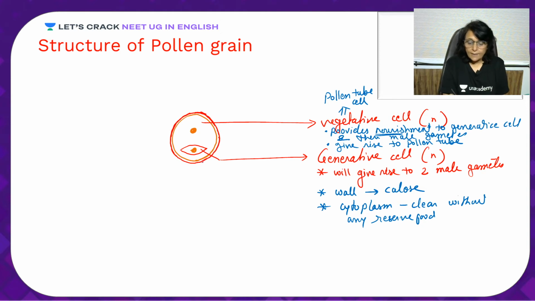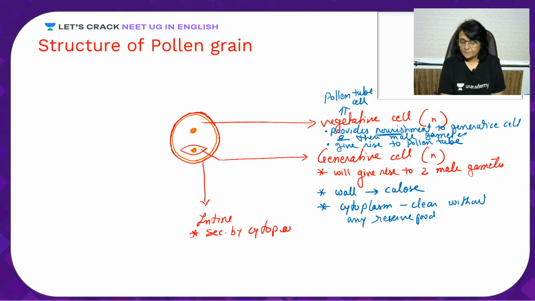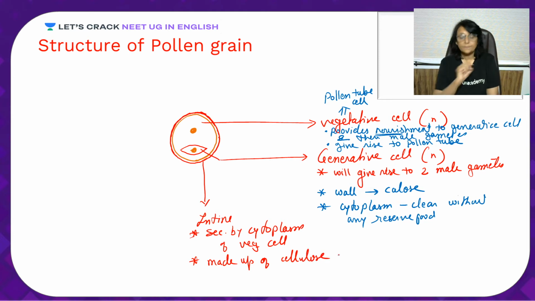And this layer is called intine, secreted by cytoplasm of the vegetative cell, and it is made up of cellulose.